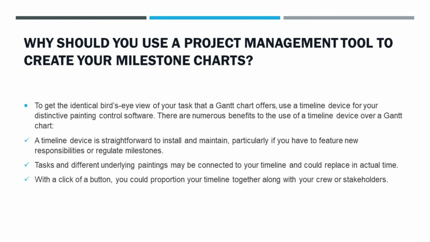There are several benefits to using a timeline tool over a Gantt chart. A timeline tool is easy to set up and maintain, especially if you have to add new tasks or adjust milestones. Tasks and other underlying work can be connected to your timeline and will update in real time. With a click of a button, you can share your timeline with your team or stakeholders.